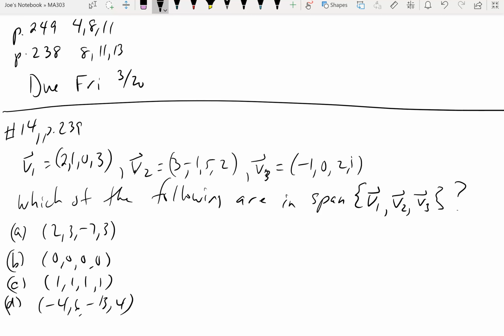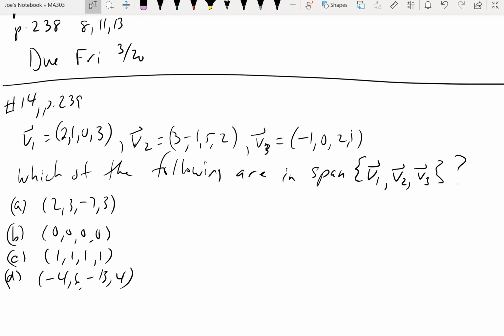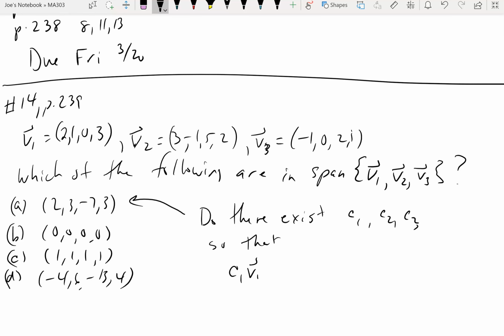So what this problem is actually asking for that first vector is, do there exist constants C1, C2, and C3 so that C1 V1 plus C2 V2 plus C3 V3 is equal to that vector?